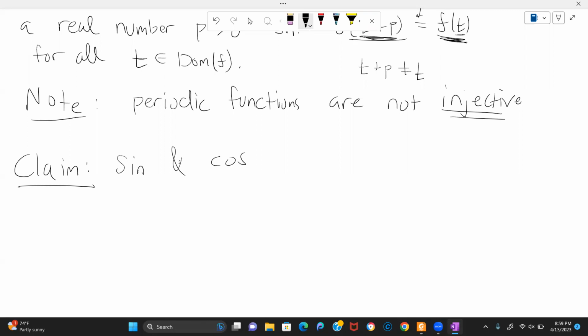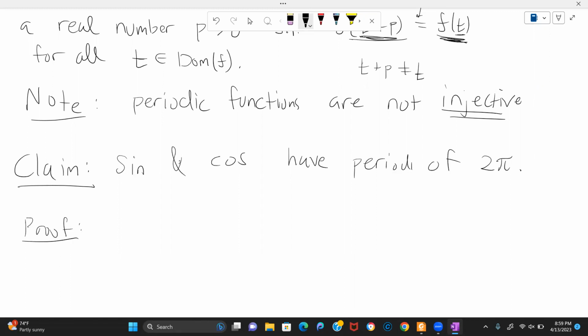So the claim is that sine and cosine have a period of 2 pi. And maybe you can already see this, right? So let's kind of prove this. You can see why this is going to be true.